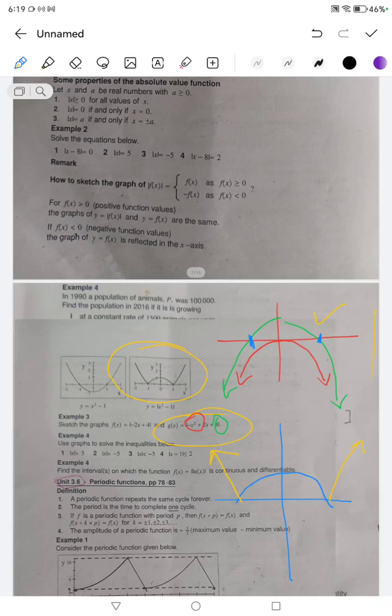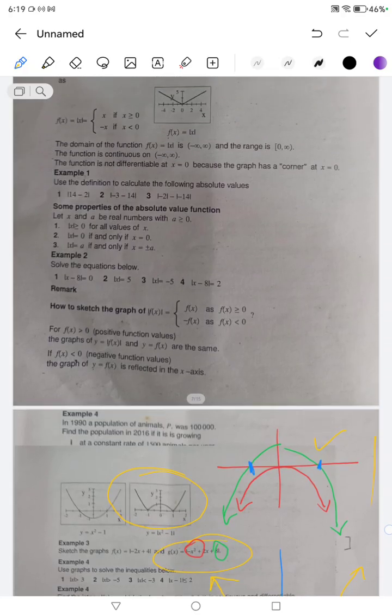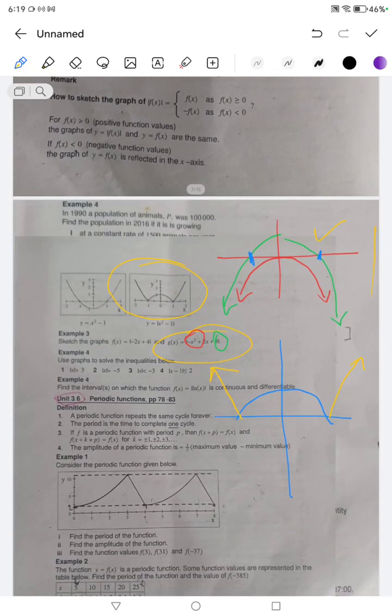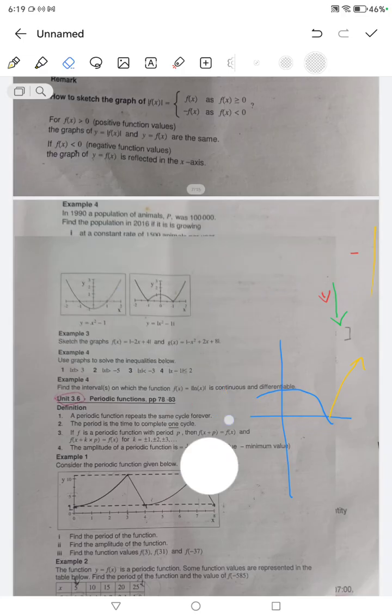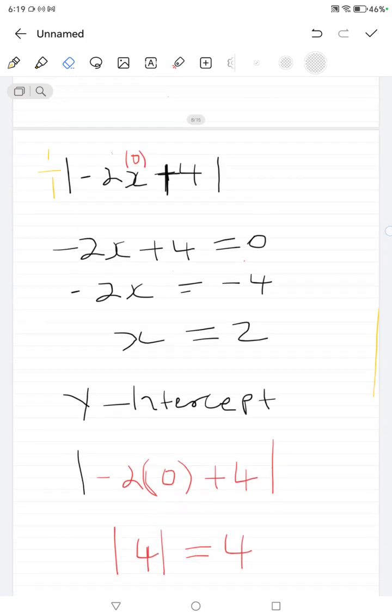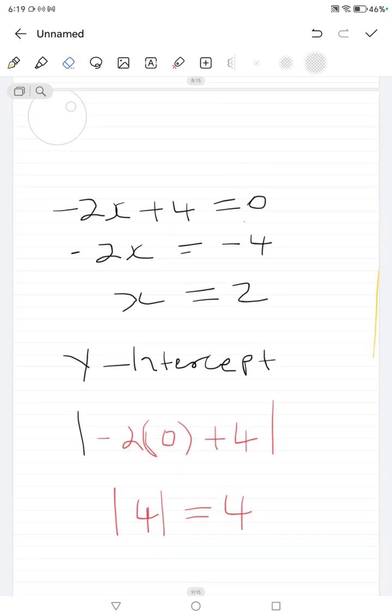So let's quickly go and solve for that one. What do we have? Let me wrap this one. We say we have minus x squared plus 2x plus 8. Okay, I got that one. Let me just set this up.